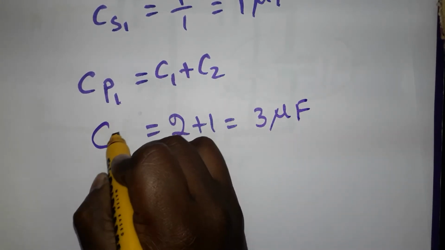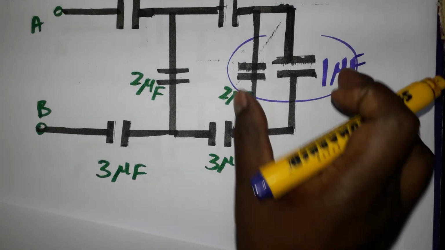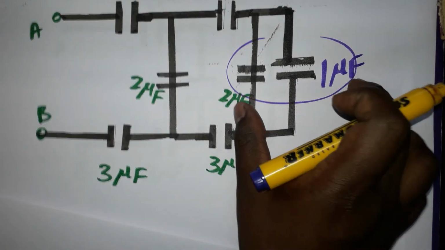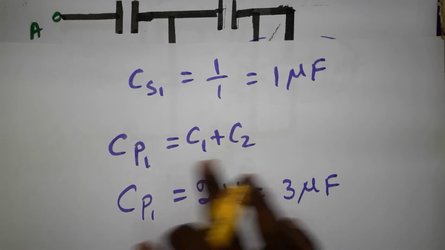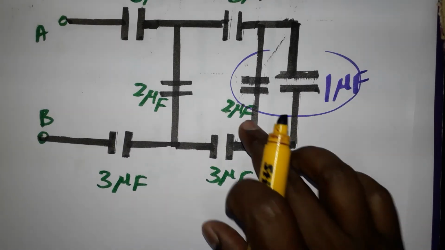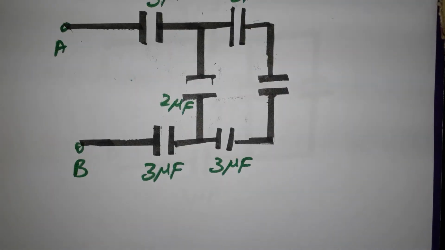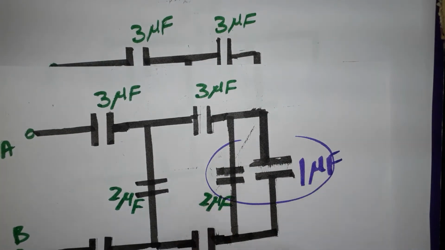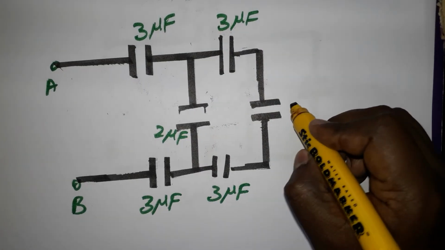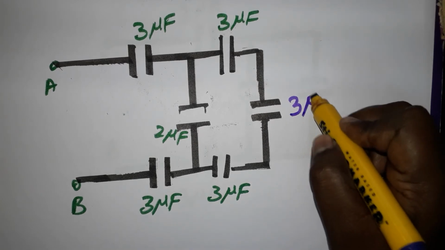Very simple, the capacitance in parallel is 3 microfarad, because 2 plus 1. In parallel you can add both the values. So now I got this value as 3 microfarad. Remaining, I wrote everything the same except these two, whose solution is 3 microfarad.